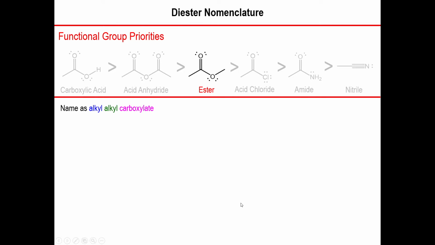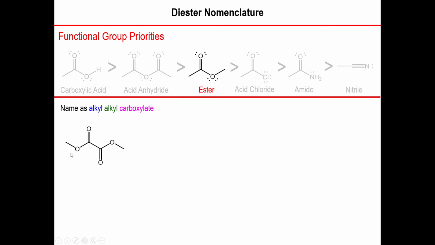Okay, now another situation that could happen is one where you have a diester technically in the same molecule, right? And in this situation, you could be dealing with different alkyls attached to the singly bonded oxygens.